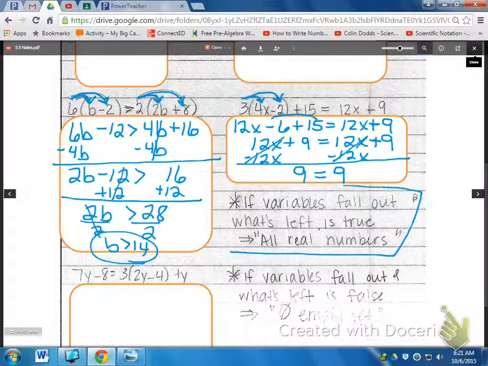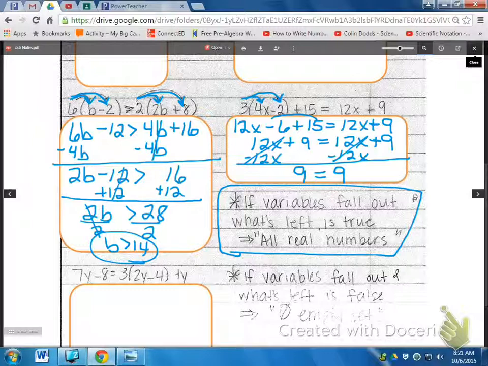All right. Now, this is extremely important to write down. If the variables fall out, like that just happened, we subtracted 12x from both sides, so there's no x term left. If the variables fall out and what's left is true, in other words, is 9 equal to 9? Yeah, that's true.